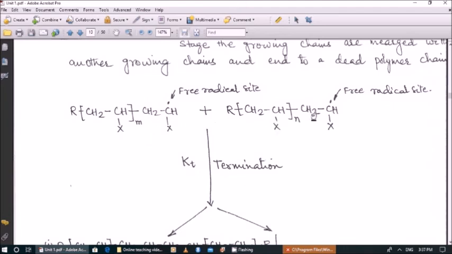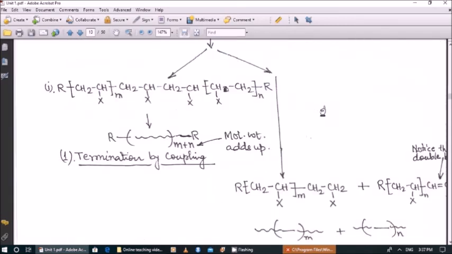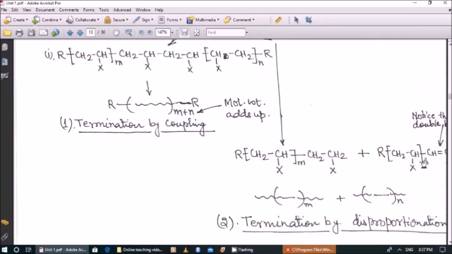So this hydrogen atom can be taken from the head of the last repeating unit in the second chain, and when this gives one hydrogen atom to the first chain, a double bond will be produced. You can see this is the double bond being produced. I think something is not coming because something has got cut during the scanning. So what will happen?